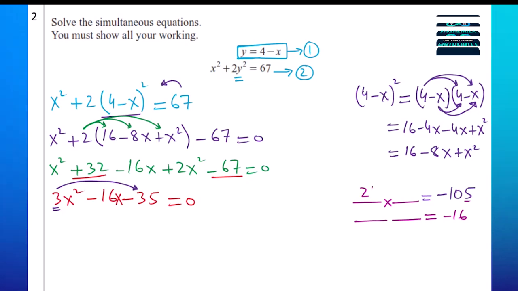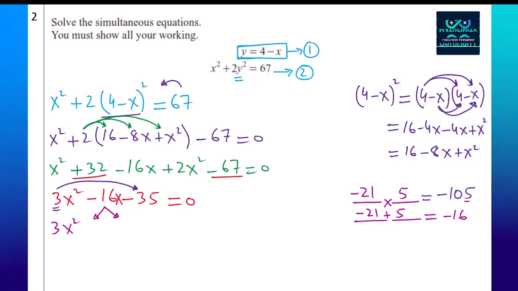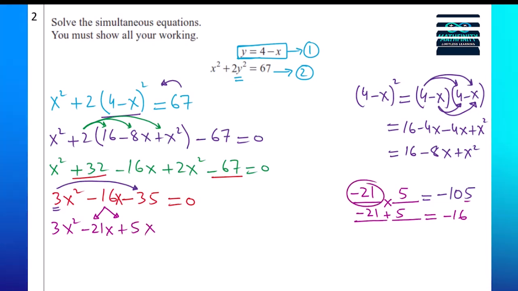Negative 21 times 5 will give us negative 105, and negative 21 plus 5 gives negative 16. So these are the two numbers. This is called middle term breaking: 3x square, negative 21x plus 5x, negative 35.